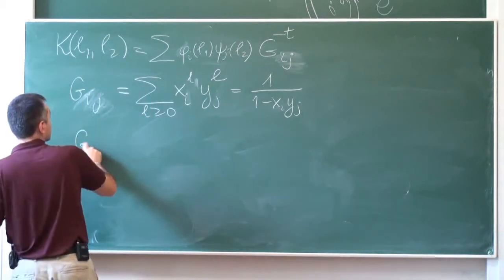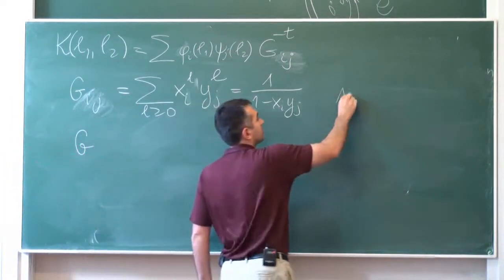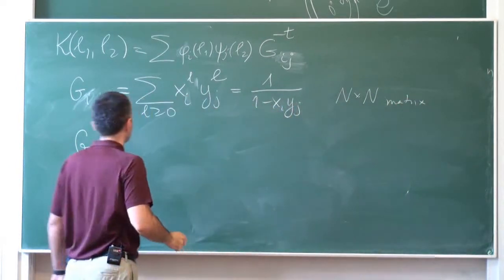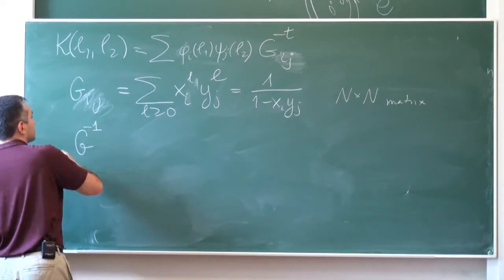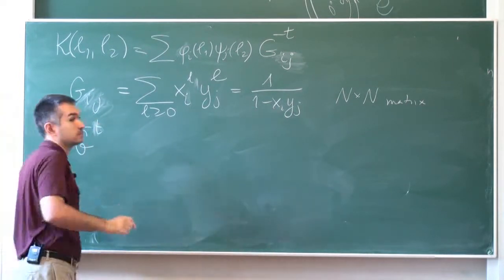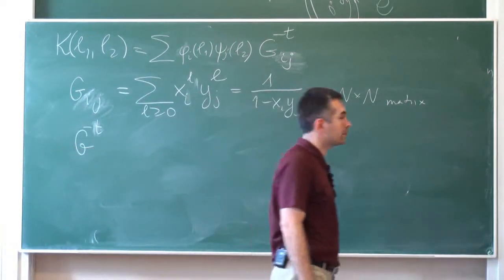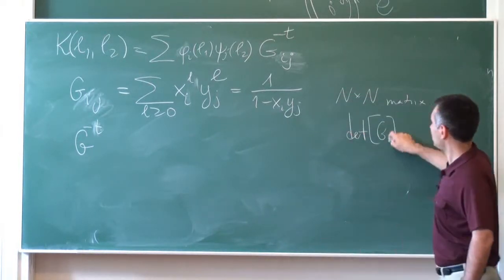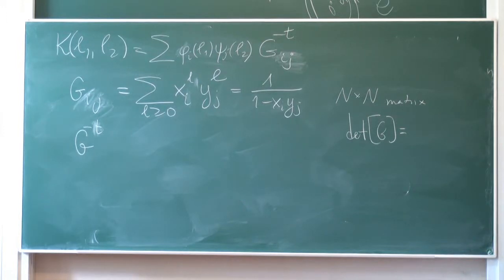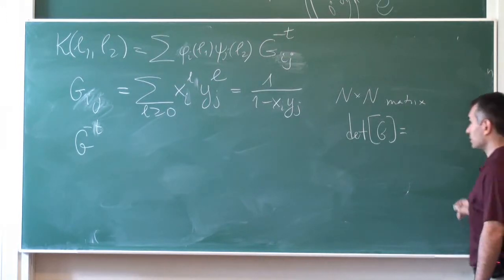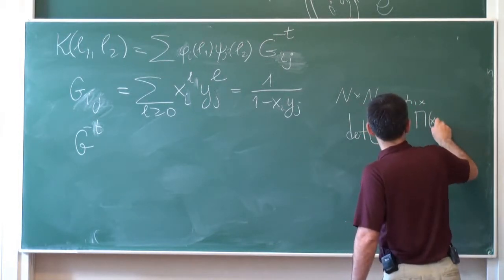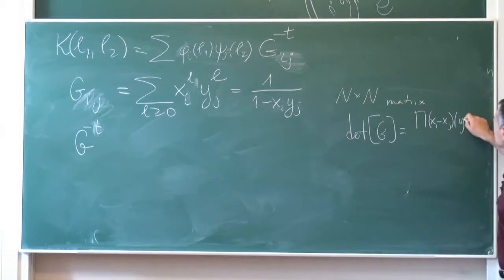How about taking this matrix G, an n by n matrix, and computing its inverse, let's say minus transpose? Well, one thing we know how to compute is the determinant of G. This is the Cauchy determinant. You might have seen it before, maybe in Vadim's lecture or the TA session. It has a formula.